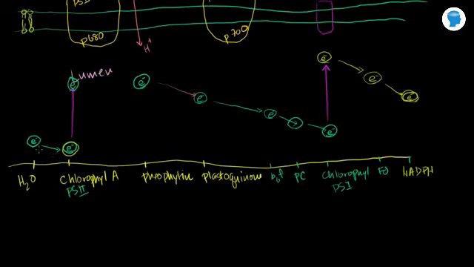So the net effect of what's happening is you're using this photon energy right here to essentially strip electrons off of water. And when it's on water, it's spending most of its time on the oxygen. So essentially you strip electrons off of oxygen and put them in a higher energy state and have them end up on NADPH.